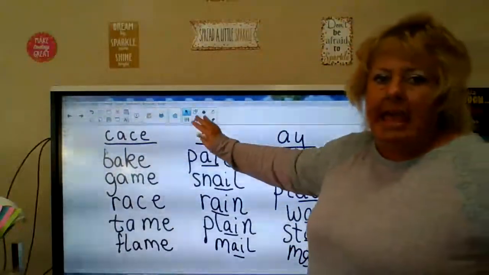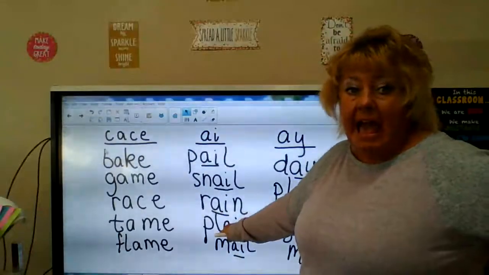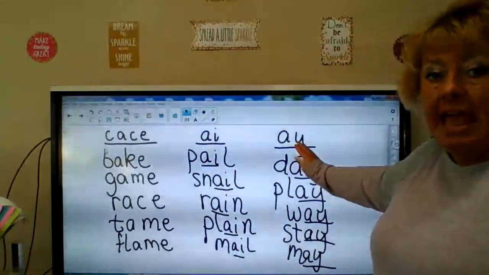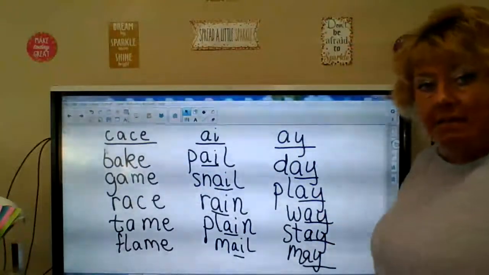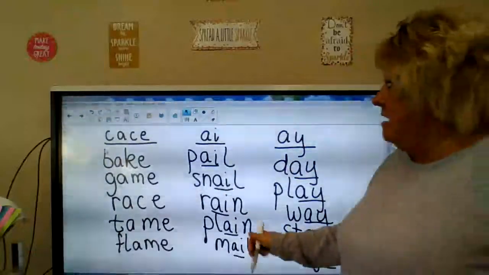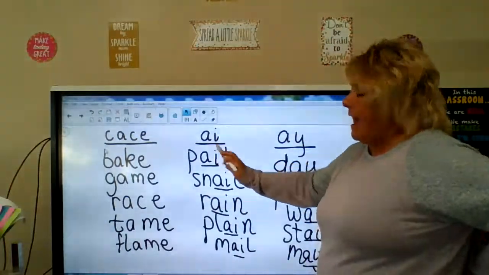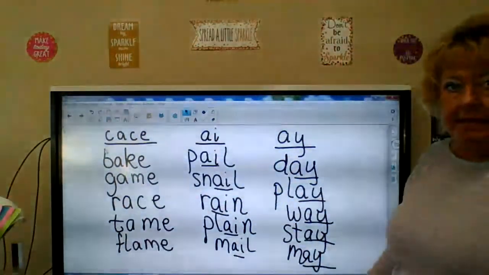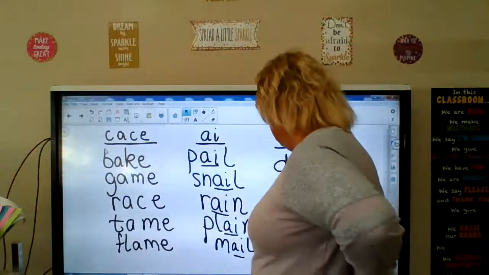If you hear A in the middle of a word, it's usually spelled AI. If you hear A at the end of a word, it's usually spelled AY. Okay? These are 3 ways to make A: consonant A, consonant E, AI, AY. They all make the A sound.